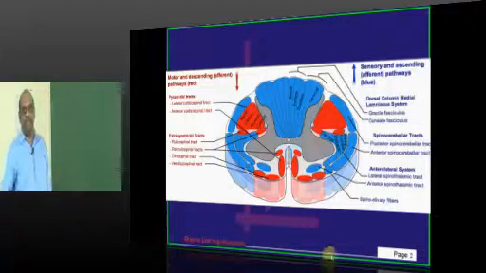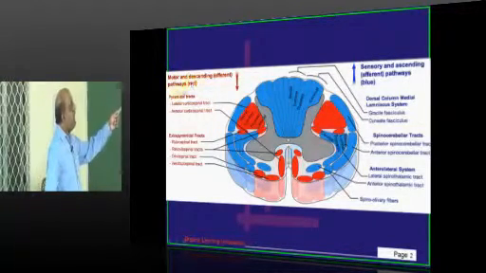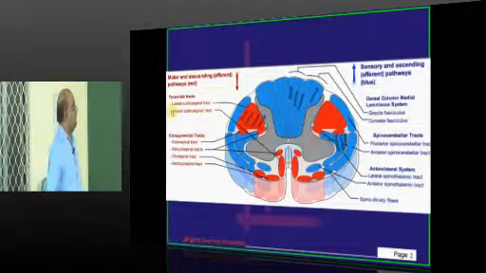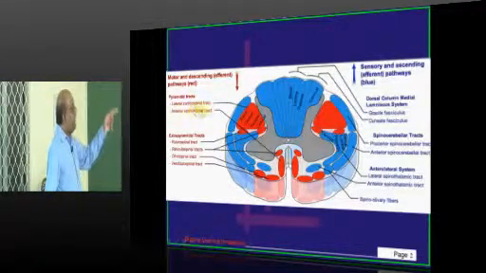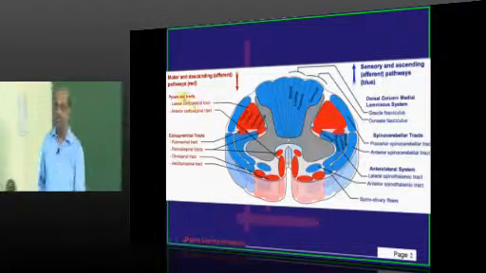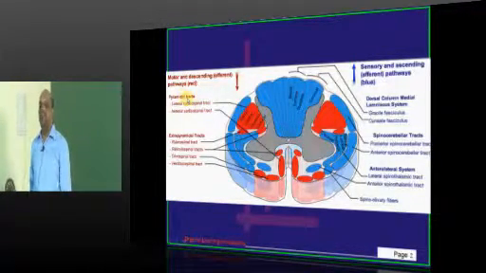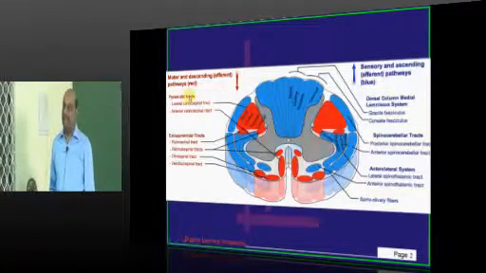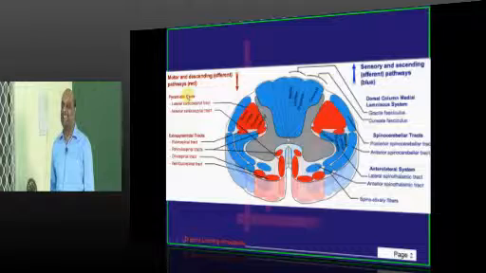Ascending, descending tracts. We have motor descending tracts coming from the brain. Lateral corticospinal, anterior corticospinal. These two are called pyramidal tracts. Where is the pyramid? In the brain. Brain, you have pyramidal cells of Betz.